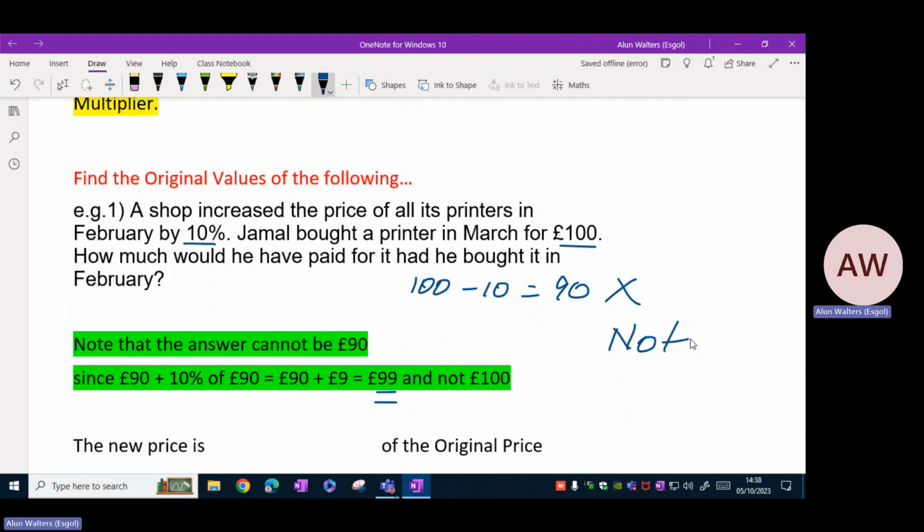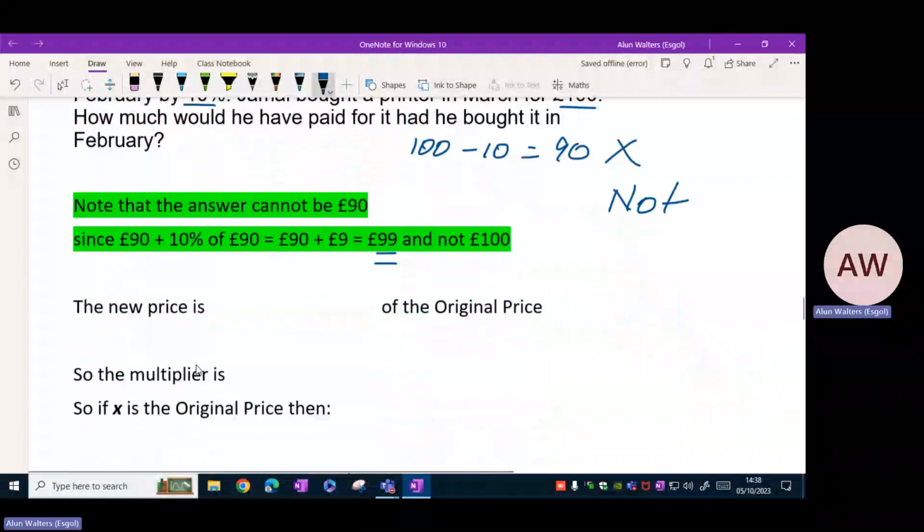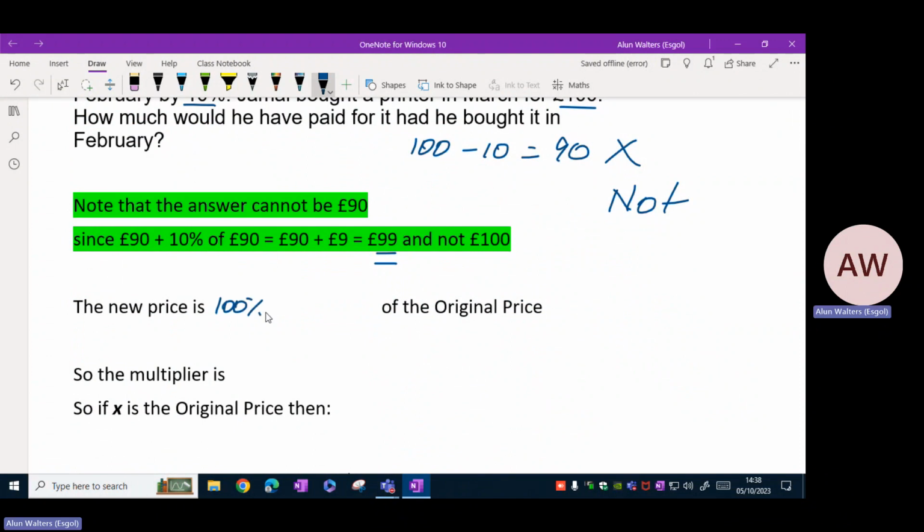Okay, so we're going to start this method exactly the same way as we did above. We're going to say the new price is 100% plus 10% of the original price. In other words, it's 110%.